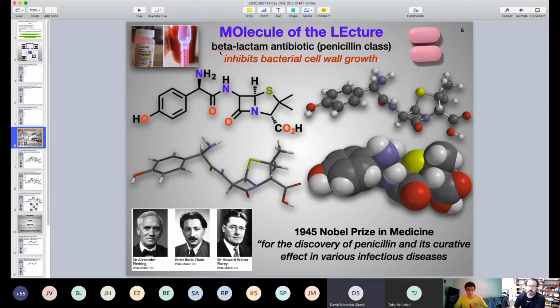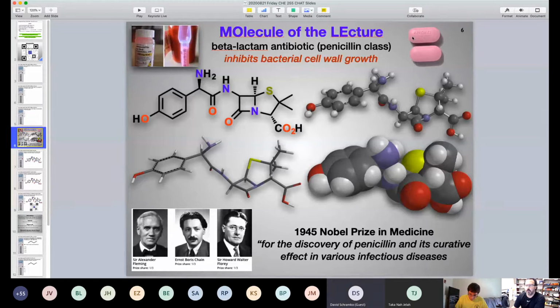It's specifically called a beta-lactam in the penicillin class. Its mechanism of action, MOA, if you go on to take biochem and toxicology or pharmacology, is that this molecule inhibits bacterial cell wall growth.